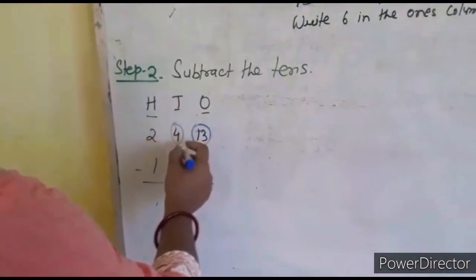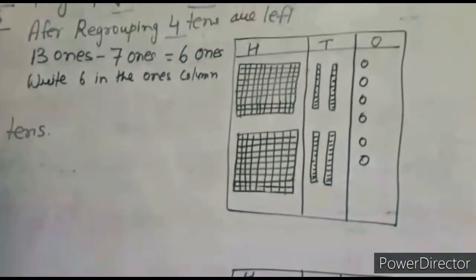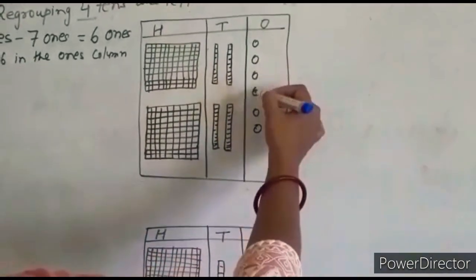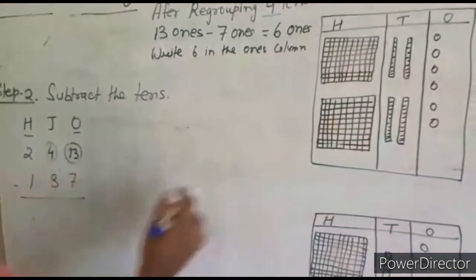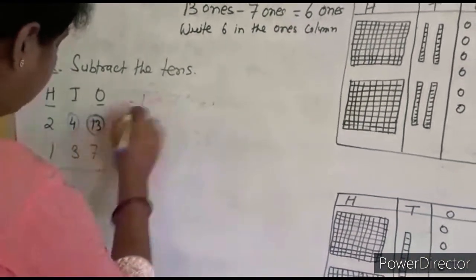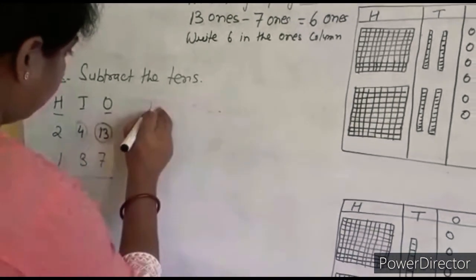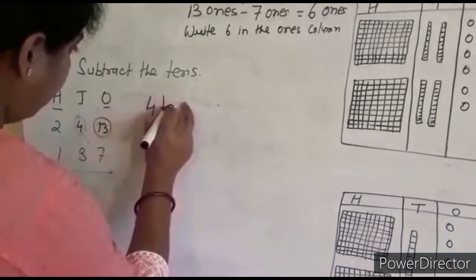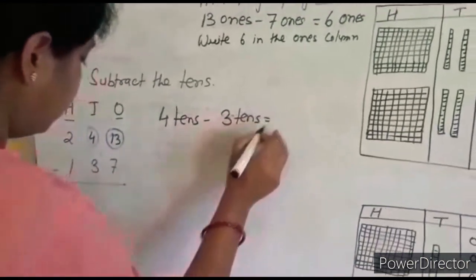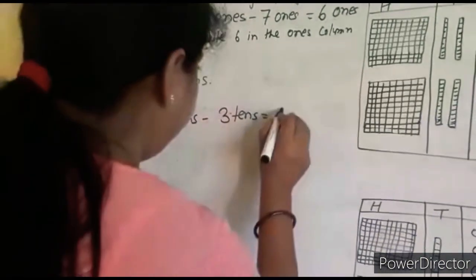In the tens column, 4 tens are there, and in the ones we have 6. So we have to subtract only the tens. 4 tens minus 3 tens equal to 1 ten.